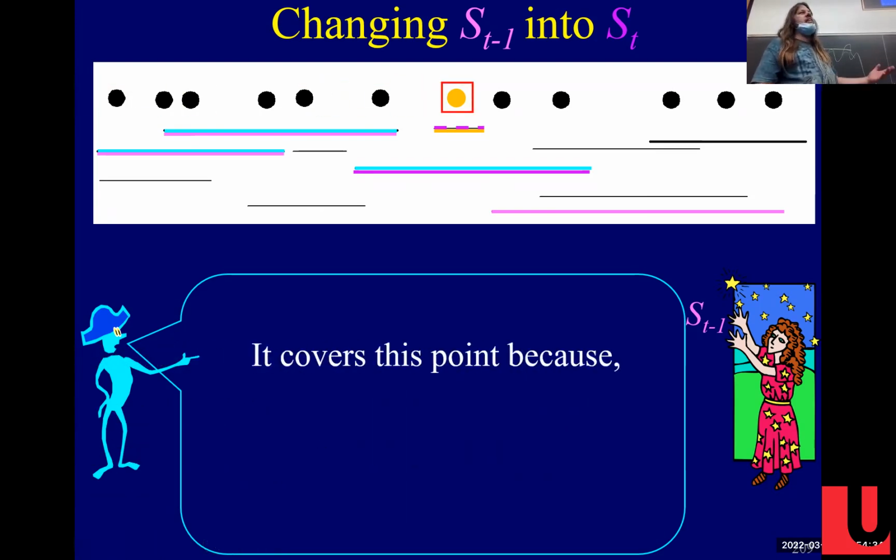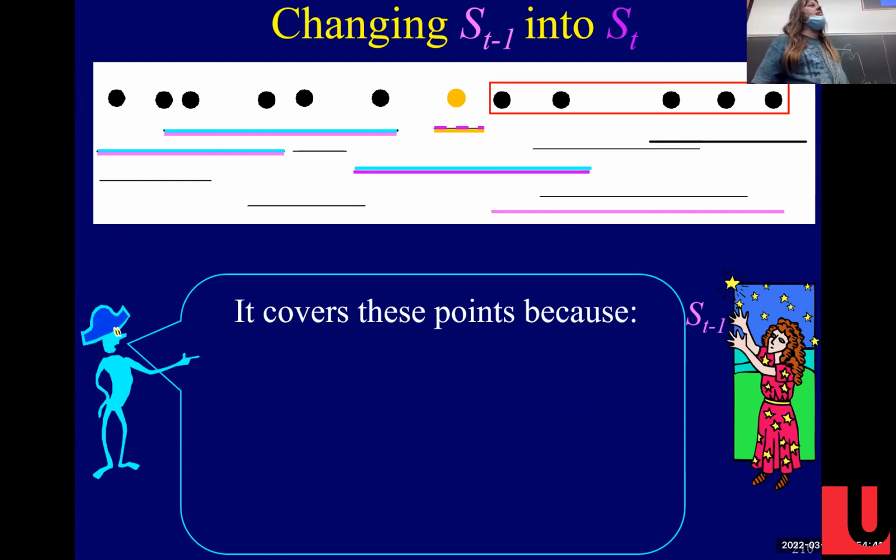How do we know she's covered this point? Because the algorithm covered it and we're consistent with that, right? How do we know she's covered these? Well, she used to cover them. S_{T-1} covered them, right? And what did she drop? Everything she dropped are intervals that covered that point. So everything she dropped, the algorithm considered in this round, right?